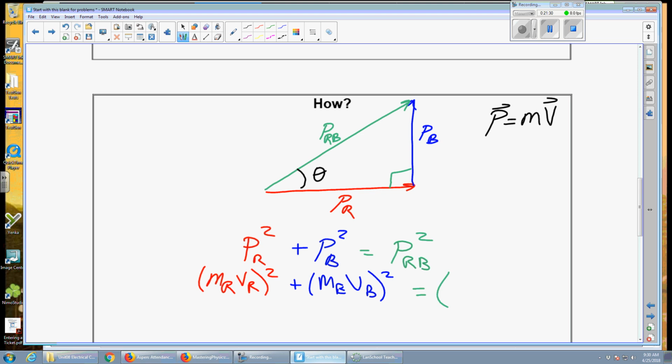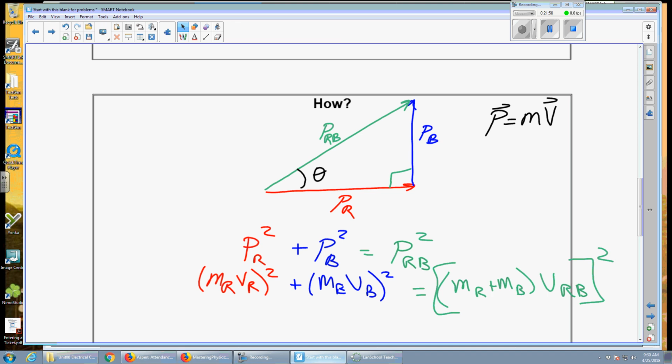Now, what's going to be the mass of these two things stuck together? Their masses added together. So we have the mass of the red plus the mass of the blue times the speed of the red-blue. That whole thing squared.